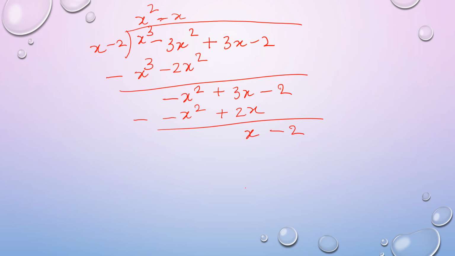Bring down the constant. Now x divided by x, you get 1. So write here plus 1. 1 into x is equal to x. 1 into minus 2 equal to minus 2. When you subtract, you get the remainder as 0. So we can say that g of x is equal to x square minus x plus 1.